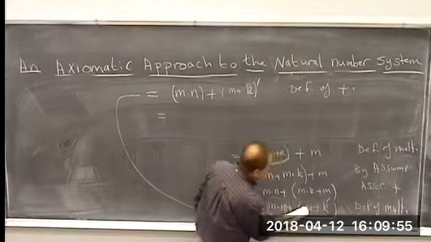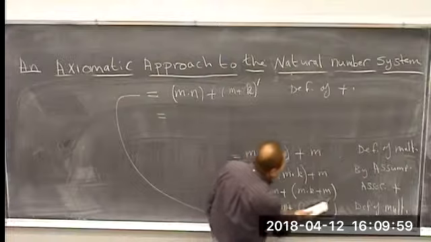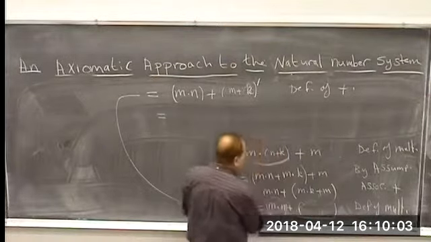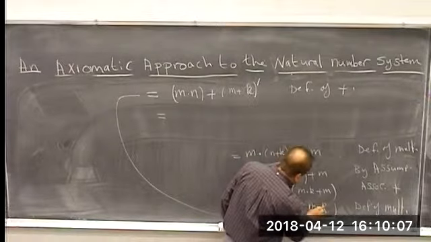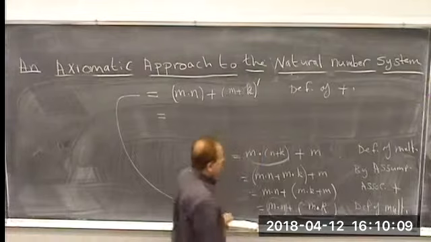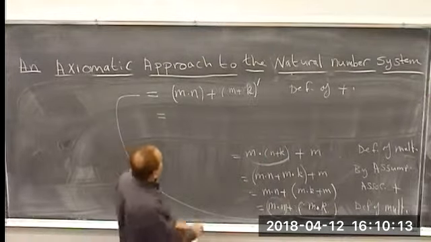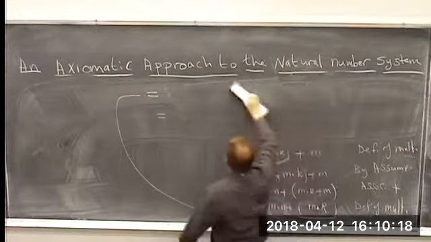This one in here actually is supposed to be m times k plus m. This is a product. I'm sorry. Here, this is definition of product. I'm supposed to have m times k. And now, sorry, this one is incorrect here.